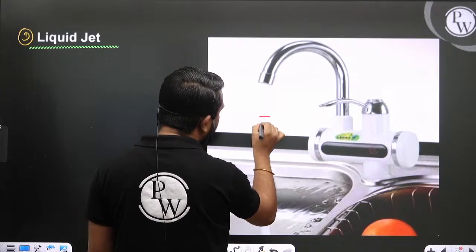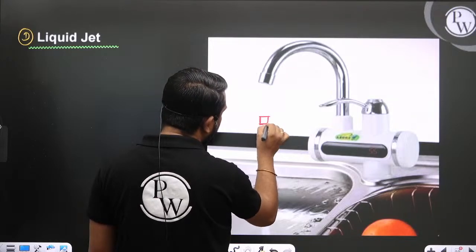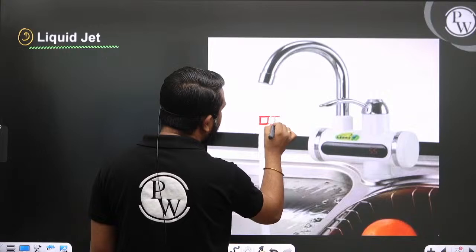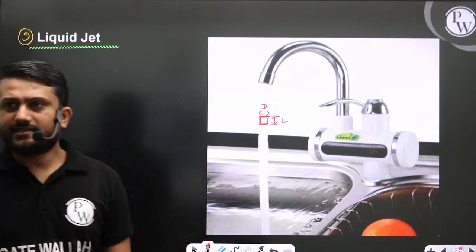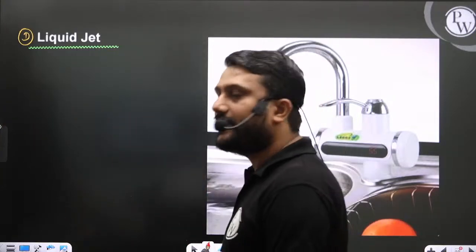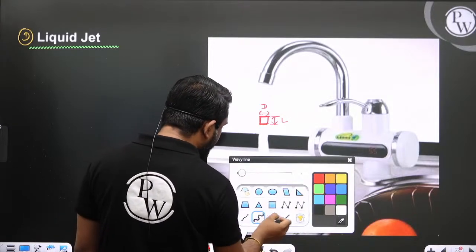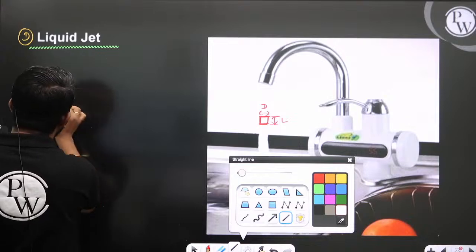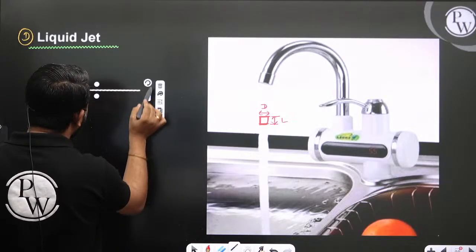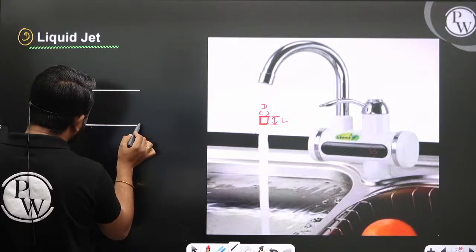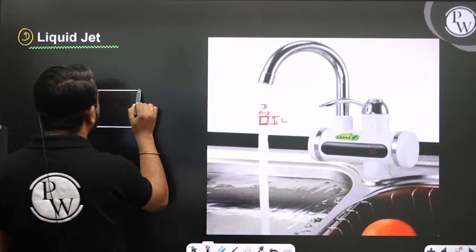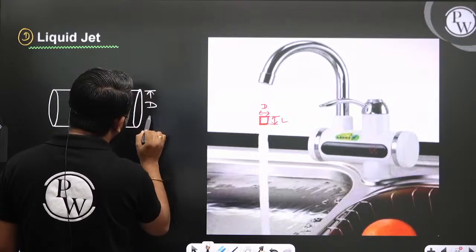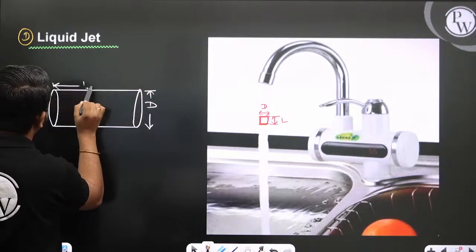This is your liquid jet, and let us consider this liquid jet having length L and diameter D. So beta, if you draw this liquid jet here, this liquid jet has diameter D and length L.